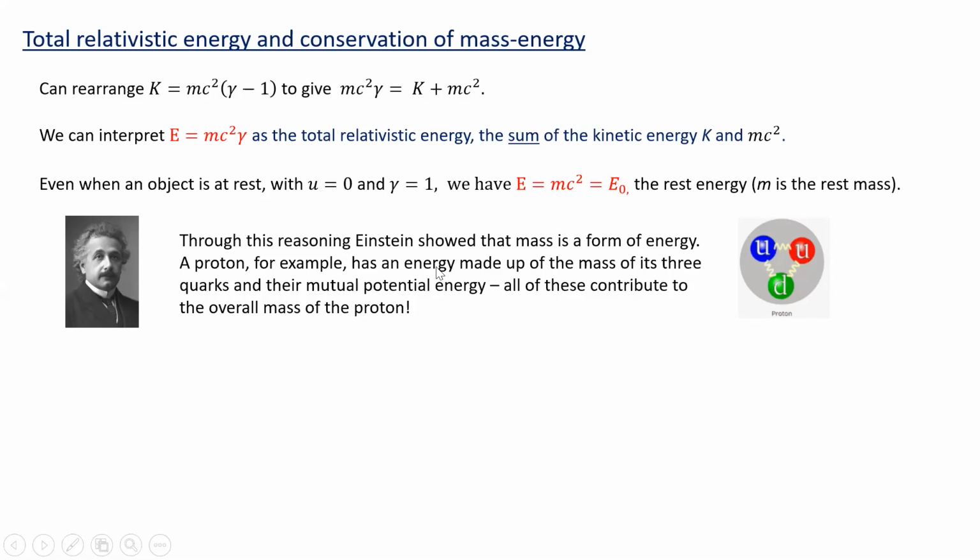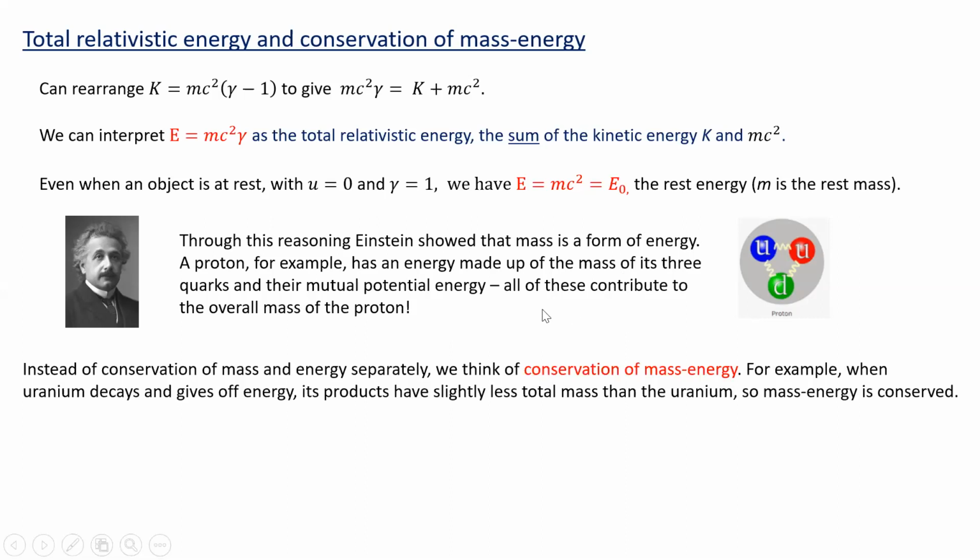And so the proton has an energy which would be made up of its three quarks' energy plus their mutual potential energy, plus the interactions. All of these would contribute to the overall energy and therefore the overall mass of the proton. So the proton is part the energy of its individual quarks and part the energy of their interactions.